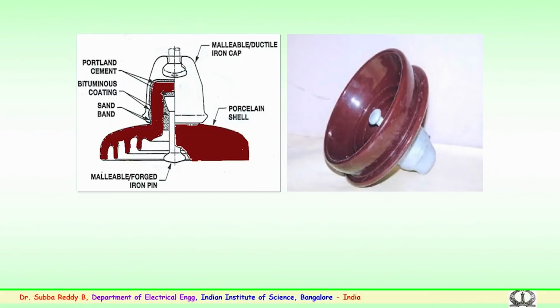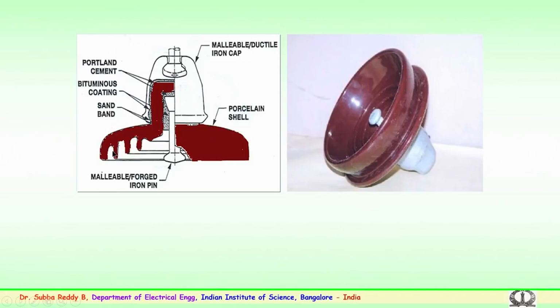Let us see how the porcelain insulator looks when you see the insulator cut section. The porcelain or ceramic insulator is made up of a cap, made of malleable or ductile iron material. So, this is the cap of the insulator. You have a shell, a porcelain or ceramic shell, which has different petticoats.